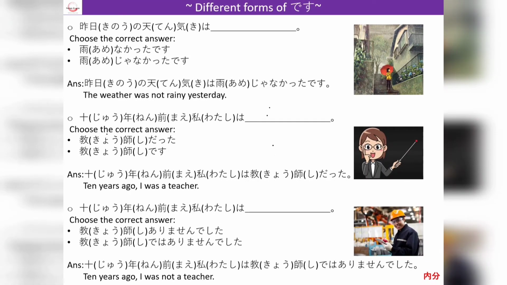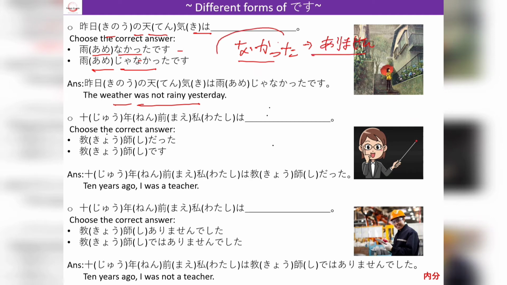Here we are saying the weather was not rainy yesterday. Kino no tenki wa ame nakatta desu or ja nakatta desu. Nakatta was past dictionary negative of arimasen.